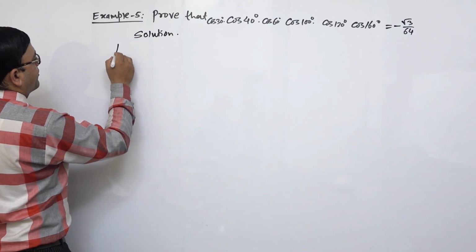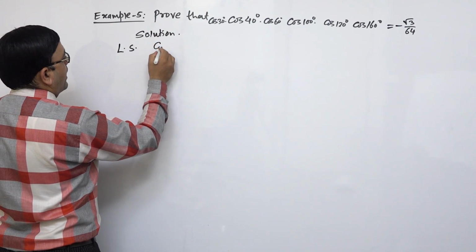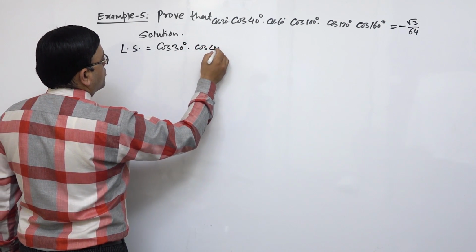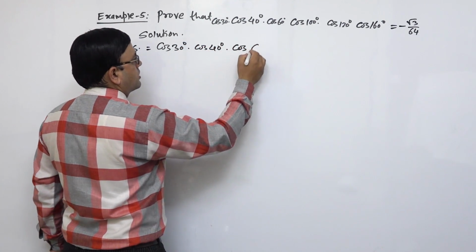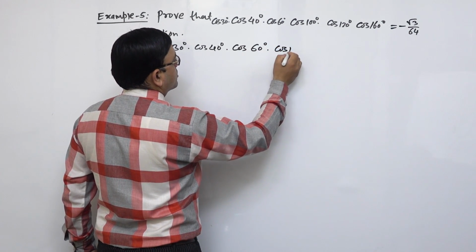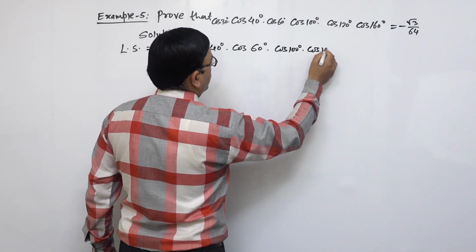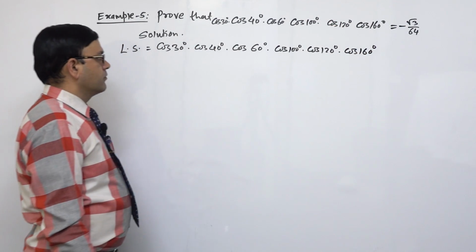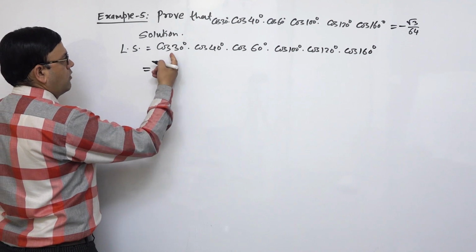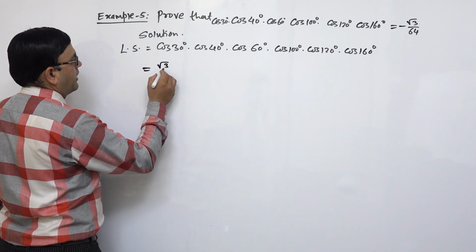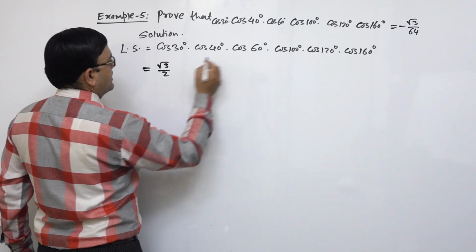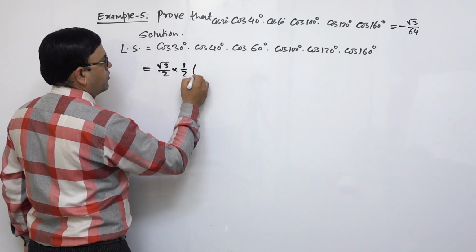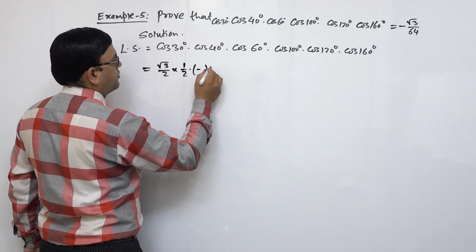We take the LHS. The left side is cos 30 degrees times cos 40 degrees times cos 60 degrees times cos 100 degrees times cos 120 degrees times cos 160 degrees. Now the value of cos 30 is root 3 by 2, the value of cos 60 is 1 by 2, and the value of cos 120 is minus 1 by 2.